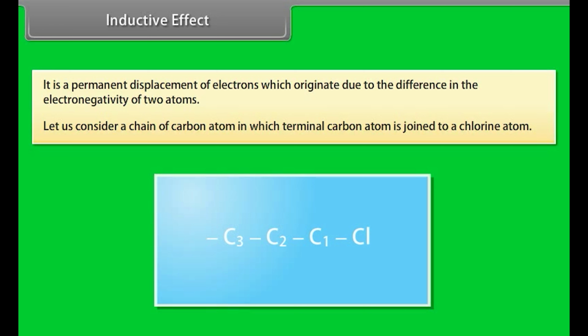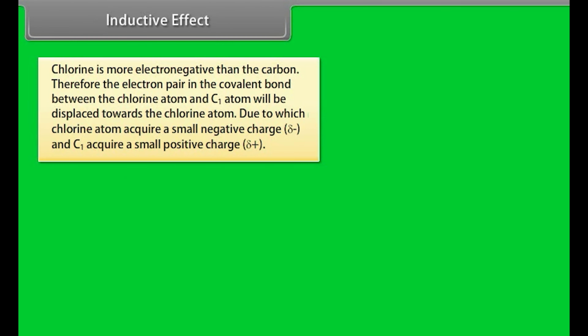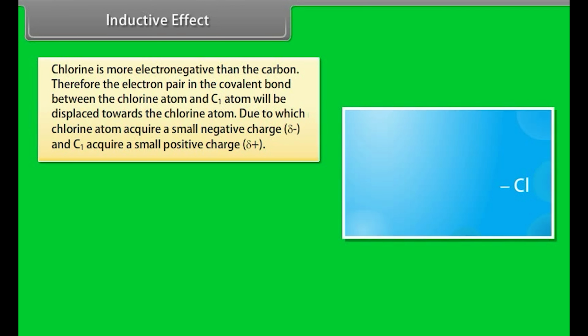Let us consider a chain of carbon atoms in which the terminal carbon atom is joined to a chlorine atom. Chlorine is more electronegative than the carbon. Therefore, the electron pair in the covalent bond between the chlorine atom and C1 atom will be displaced towards the chlorine atom, due to which chlorine atom acquires a small negative charge and C1 acquires a small positive charge.